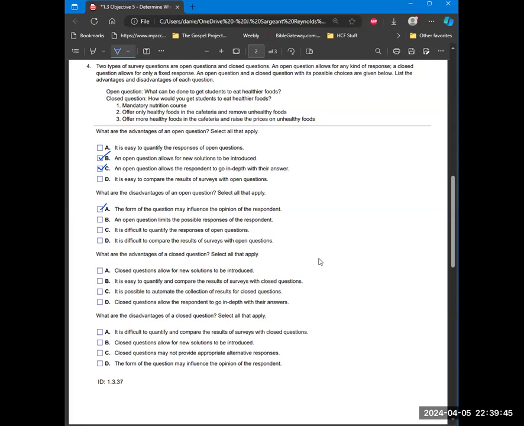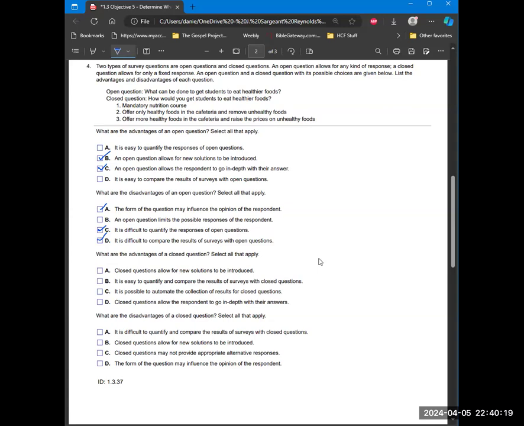You can't just say a certain percentage answered this way or that way; it's really hard to summarize the data. It's difficult to compare the results of surveys with open-ended questions because you're getting different responses from every group. So you can't say this group over here had this percentage response, liked option 1, whereas this group over here favored option 2, that sort of thing.